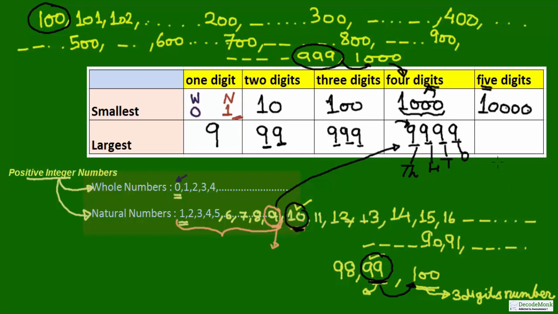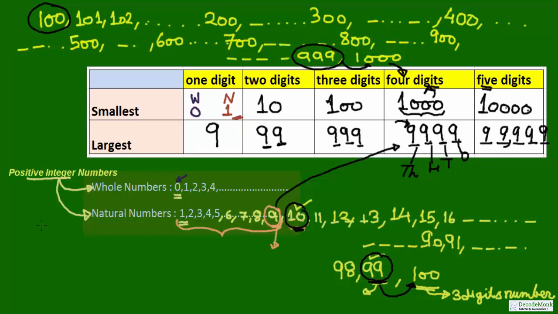By now you should be able to arrive at the largest 5-digit number. A 5-digit number will have how many places? 5 places: 1, 2, 3, 4, 5. You can maximize the ones by putting in 9, maximize the tens by putting in 9, putting 9 at hundreds, putting 9 at all the places. So this is going to be 99,999. So this is the largest 5-digit number.